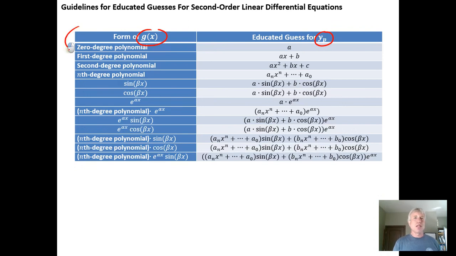So this right here, which is some common guesses that you make depending on g of x, I'll put directly into the homework assignment so that you don't have to copy it down off of this slide. And then in the videos that are going to come up, I'm going to look at specific cases of g of x and go through the solution process, the guessing process, where we come up with the coefficients that solve the differential equation. So we'll do a series of specific worked examples.